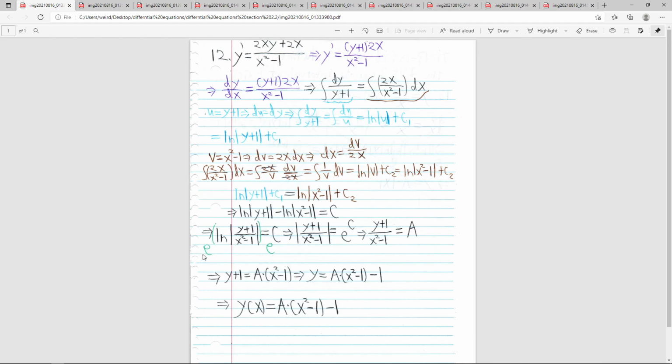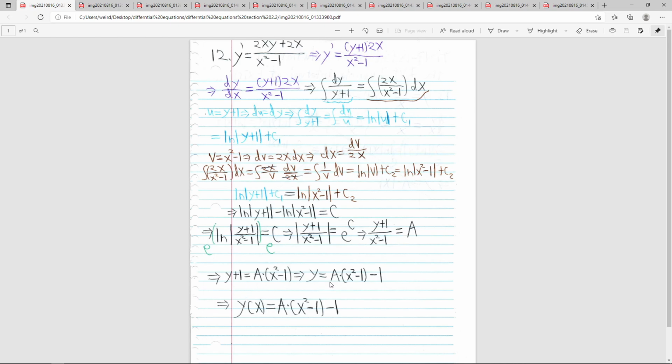Then we basically simplify down to the ln of the absolute value of y plus 1 divided by x squared minus 1. And this way we'll eliminate the absolute value in the end, because we get e to the c from the right hand side, and we have absolute value of y plus 1 over x squared minus 1 on this side. And we can just eliminate that and get the constant a, which is positive or negative e to the c.